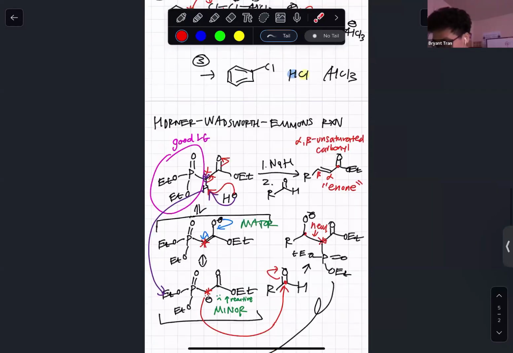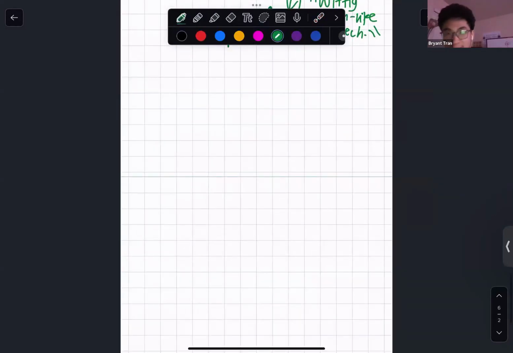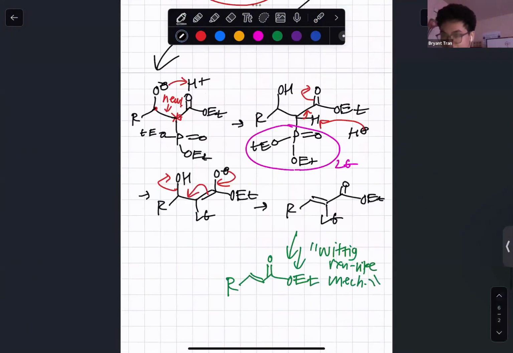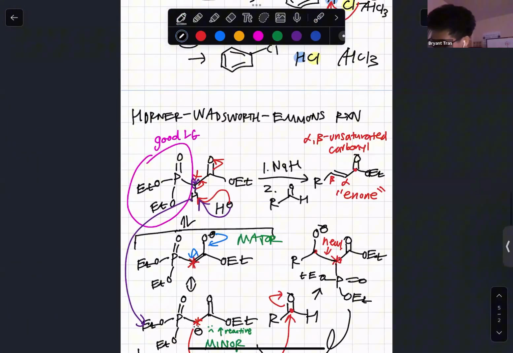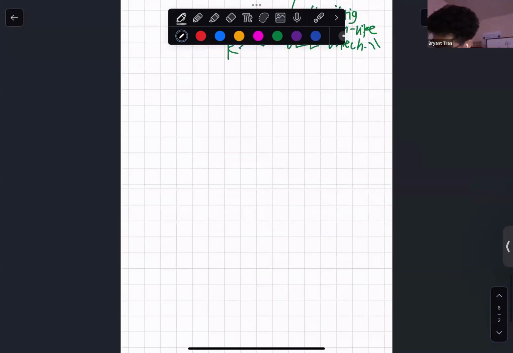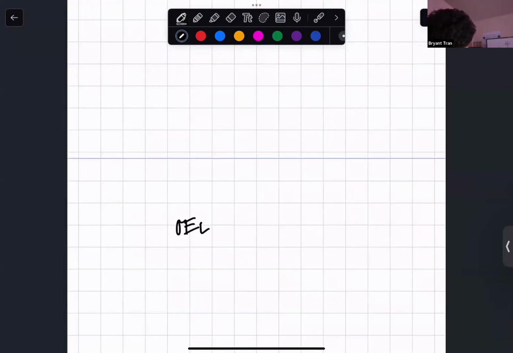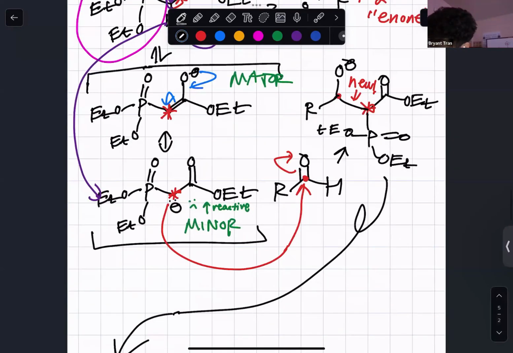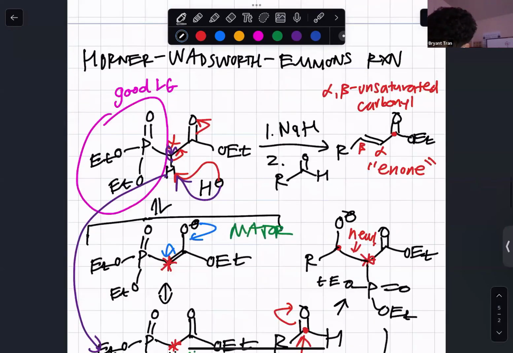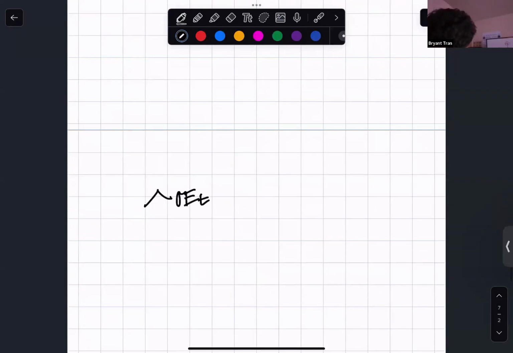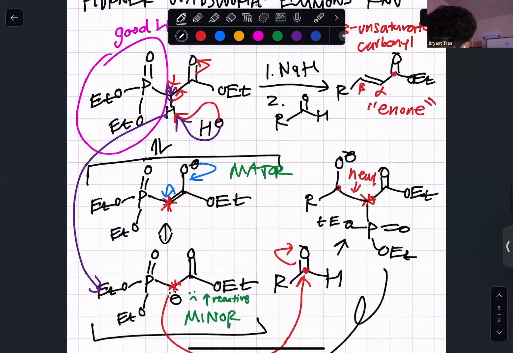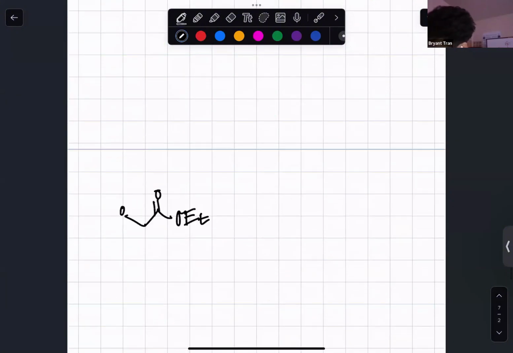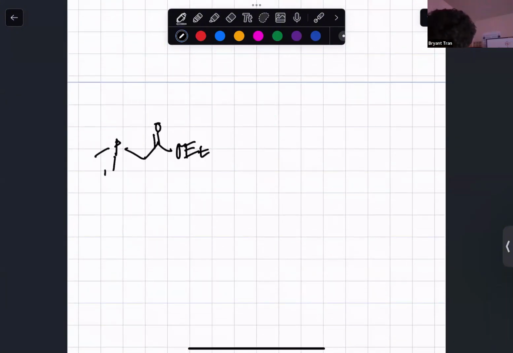But to predict the product quickly, this is what I would do. Let's say you have this group, and then this phosphorus with two OETs, OET, double bond.